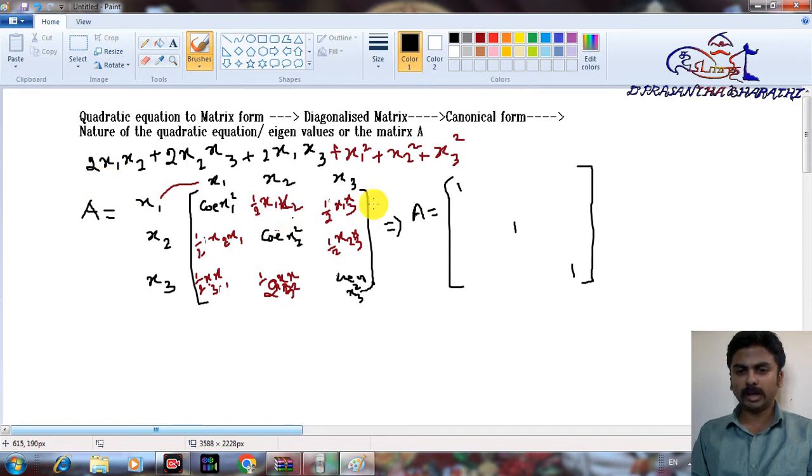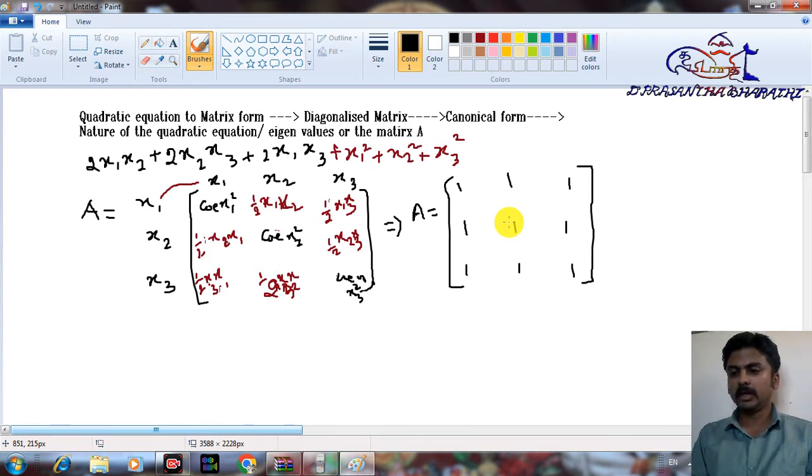So we will have 1 here, and 1 in each of the other positions. This is what our matrix resembles.